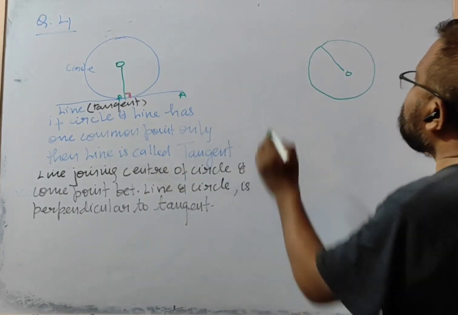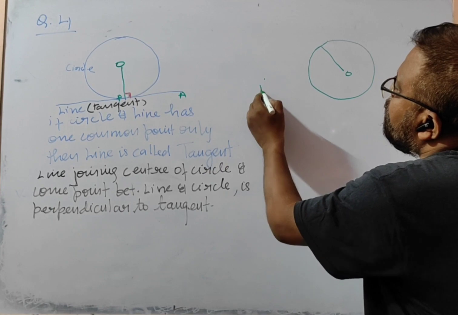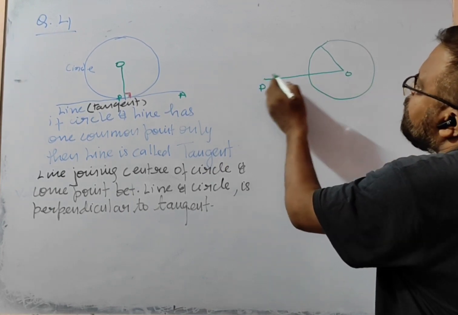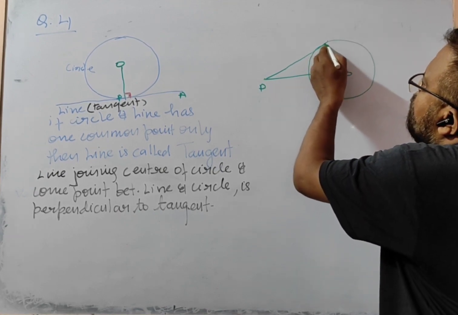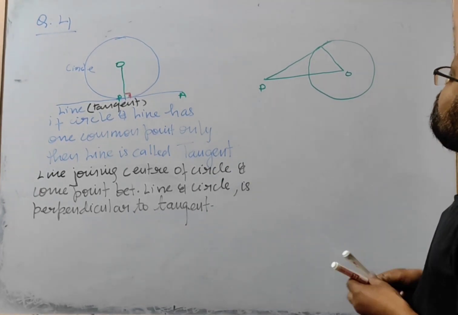If I say there is an external point P, they join like this, and the line from the center to the common point on the tangent, right? So this is of 90 degree.